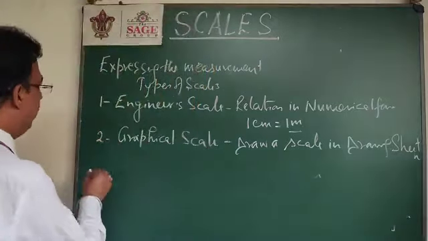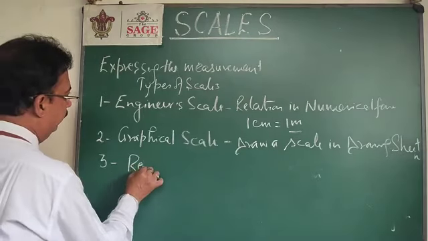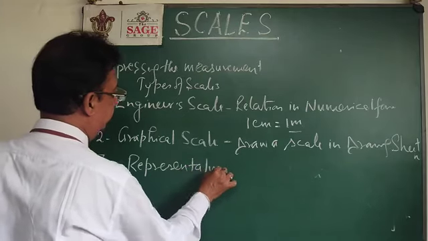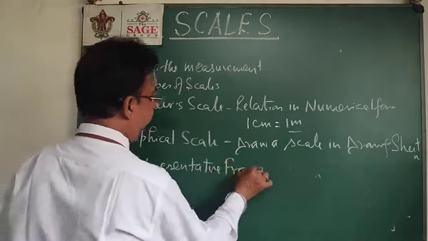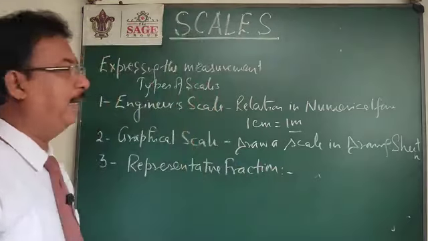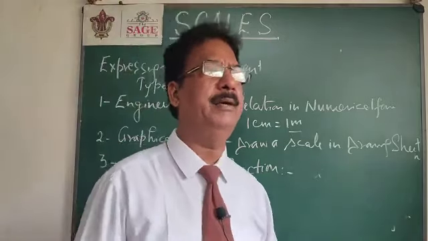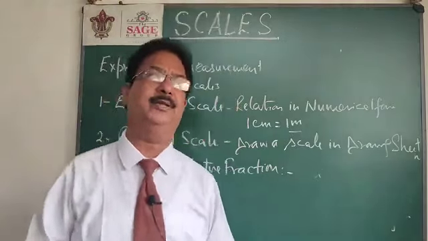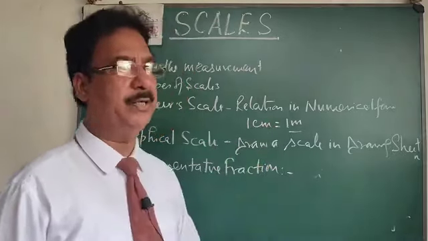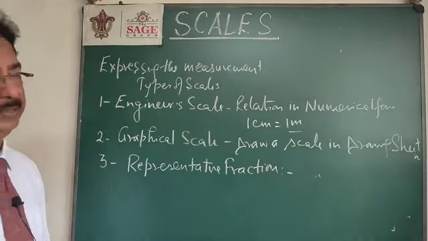And the third way to express the scale is with the help of representative fraction. So these are the three ways to express our scale. This is not a special type, but a way to express our scale. One is the common way which we used earlier, second is graphical, and third, which I am now going to use, is known as representative fraction.